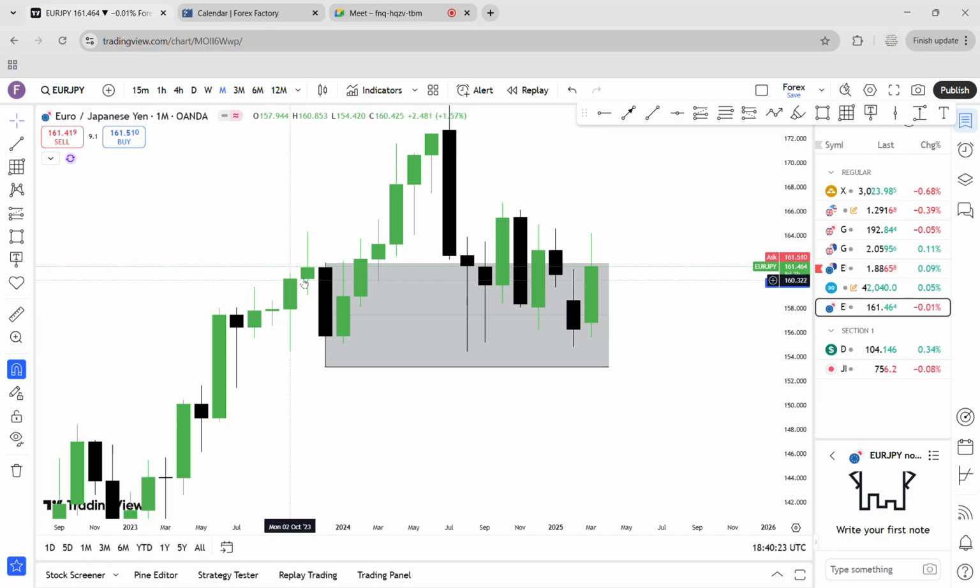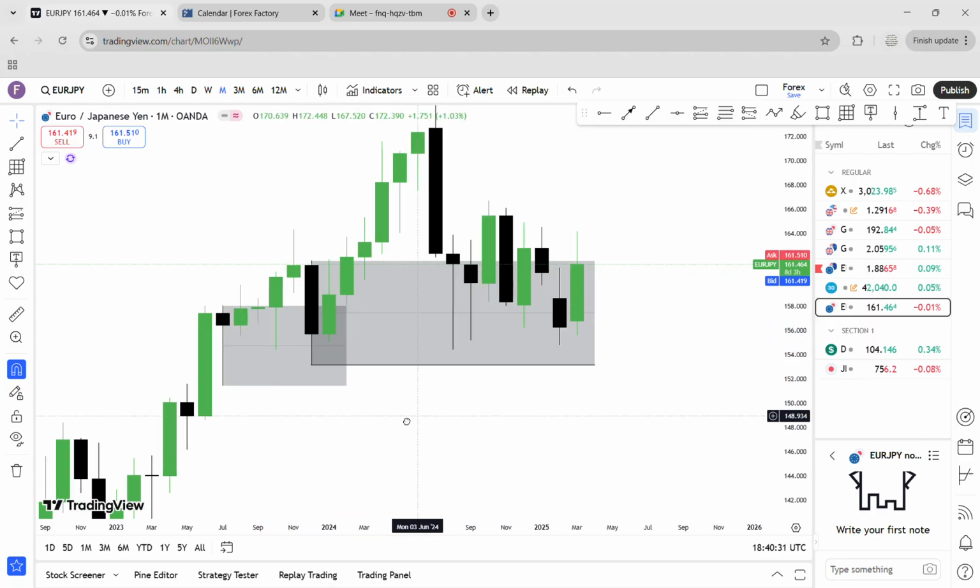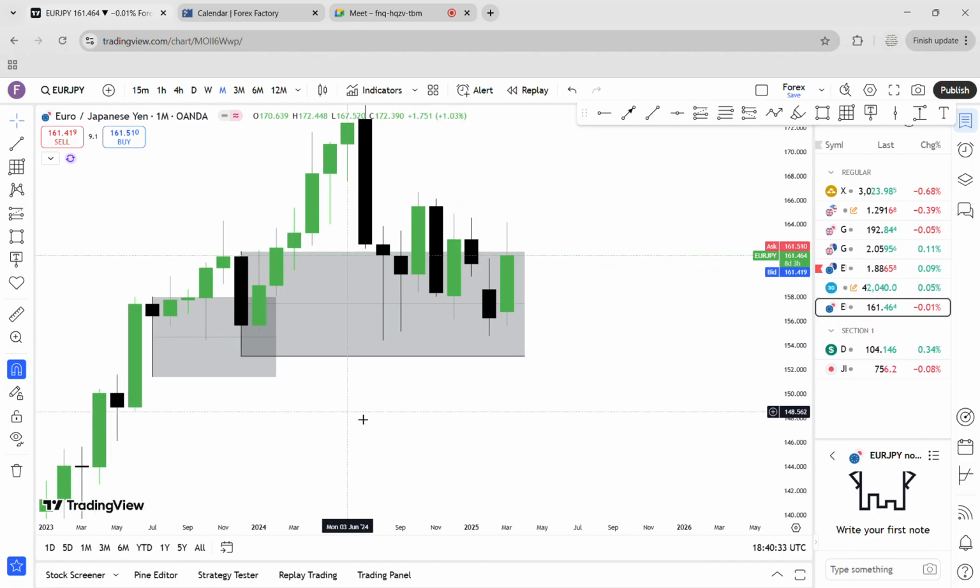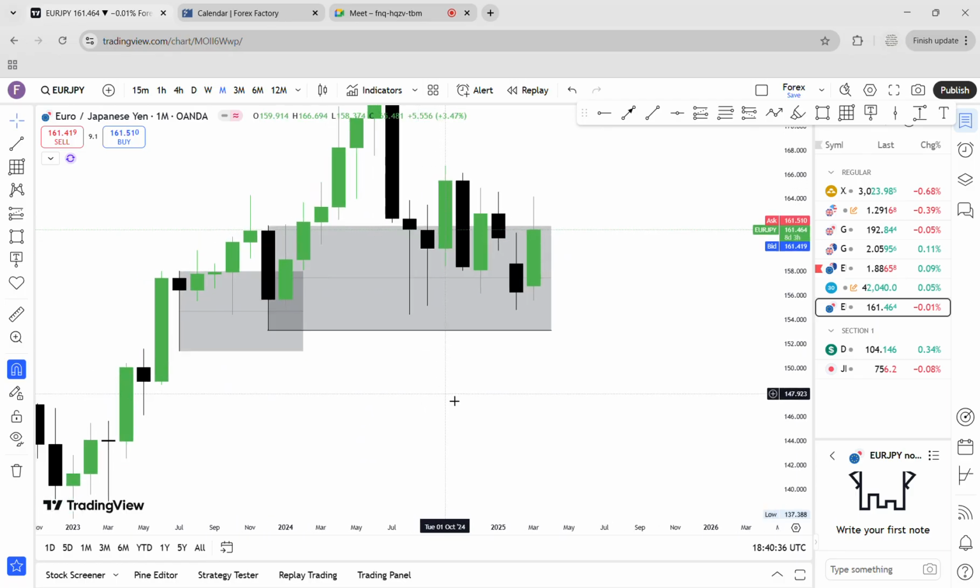This was an expansion to the upside. We need sellers to push price back to this area so that this market will be balanced, because it takes buyers and sellers for a market to be balanced, and market always offers fair prices.